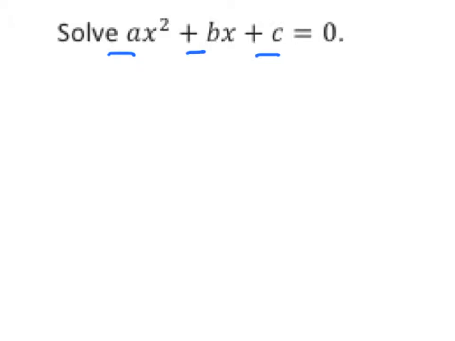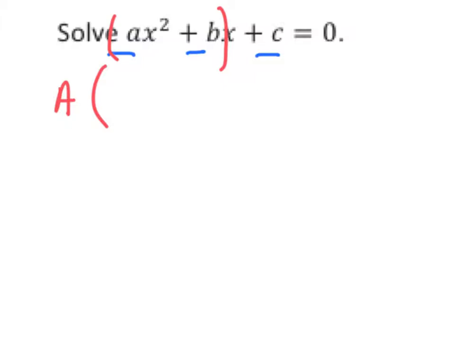Alright, so if I were going to solve this by completing the square, what would be the first thing that I would do? Yeah, you could move that a to the outside of this grouping here. I'm going to use capital letters. I don't like writing lowercase letters. So I'll have an A on the outside.